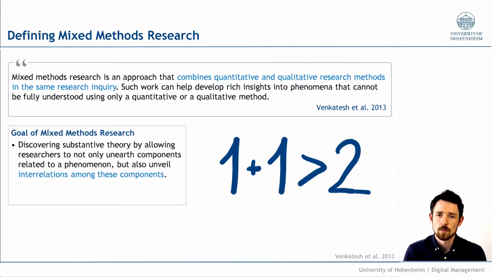So, to put it bluntly, he basically says, if 1 + 1 is greater than 2, then you have a reason for mixed methods research. In other words, it's not enough to just have qualitative and quantitative parts, but the combination of them needs to yield insights that you wouldn't be able to achieve if you had used both of those methods without combining them.